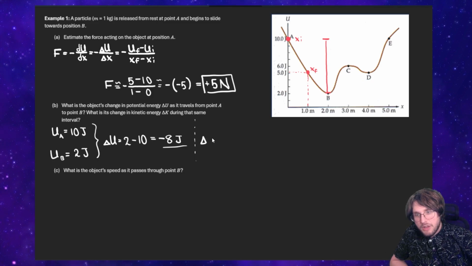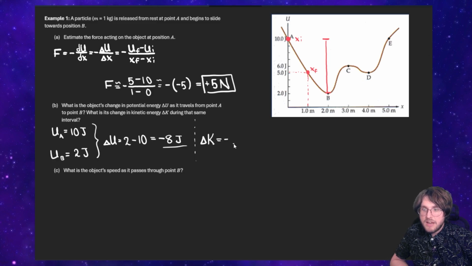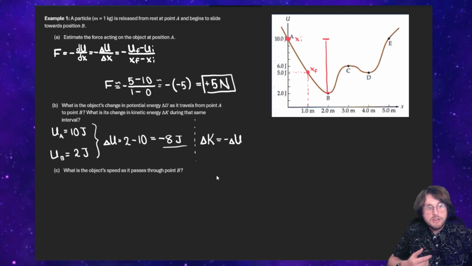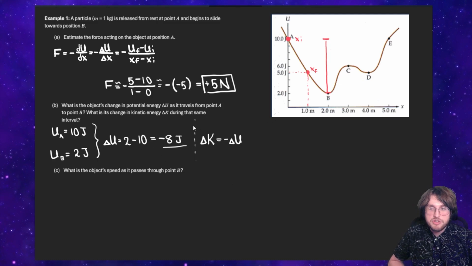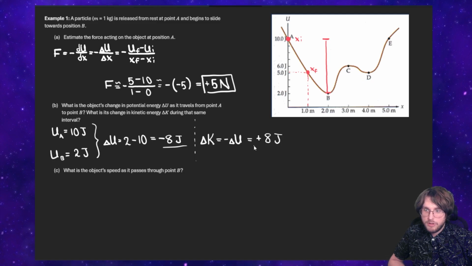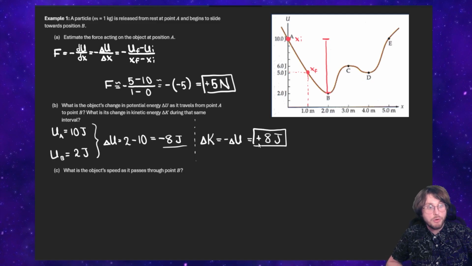If we want to find the equivalent change in kinetic energy, which is the next thing it's asking for in this part, the change in kinetic energy relates to change in potential by being the negative of the other. So if one is decreasing, the other is increasing. Because potential energy is decreasing in that interval, kinetic energy must increase, and therefore it will change by positive 8 joules. So that is our answer for kinetic energy.